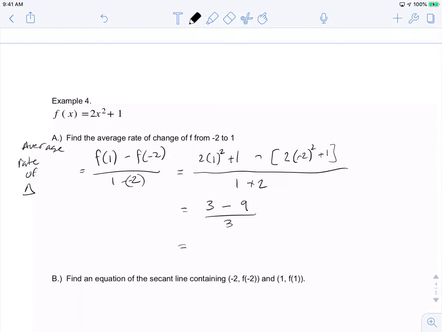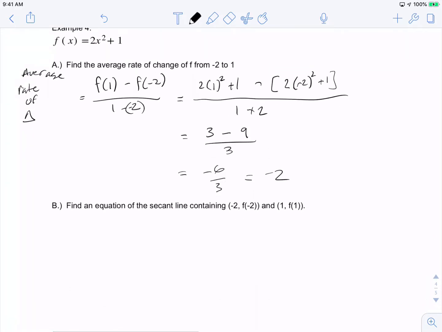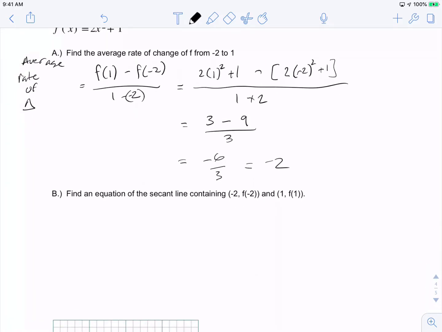And we see that the average rate of change for this is negative 2, or the slope is negative 2. That's important because the next process is finding the equation of the secant line. And to find the equation of the secant line, we need the points. Well, at negative 2, we already found that f of negative 2 was 9.